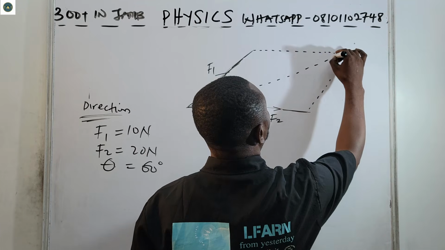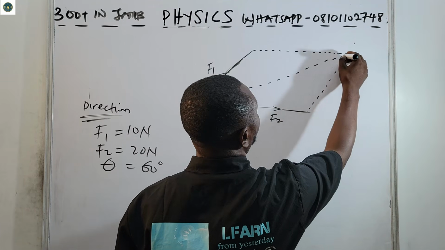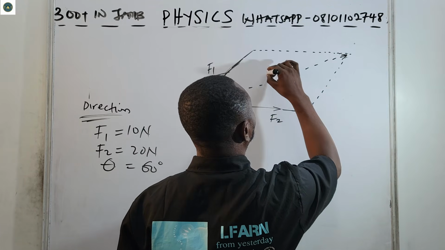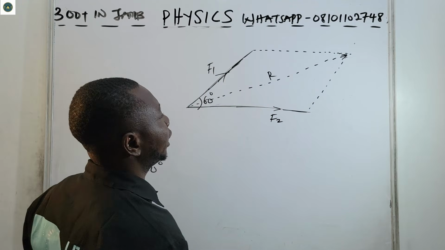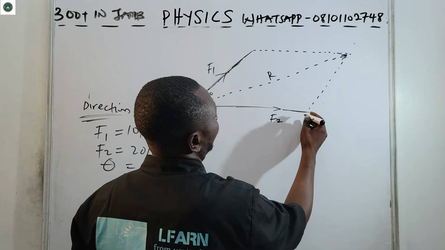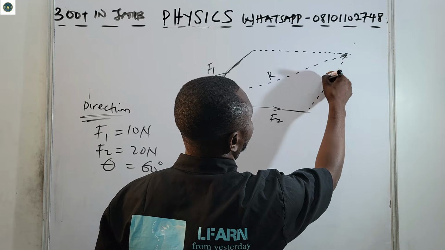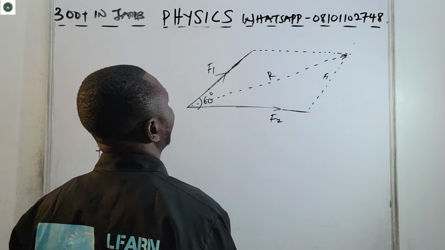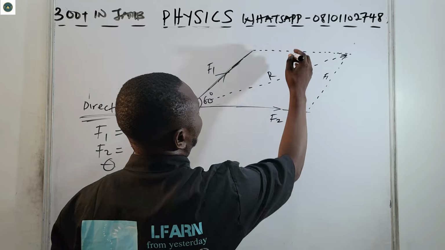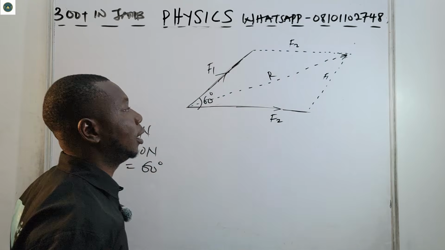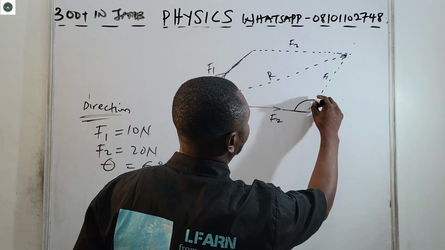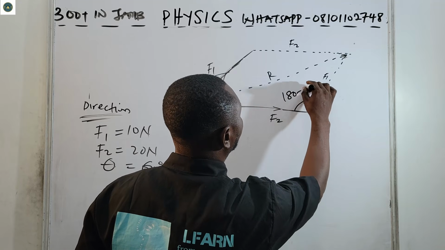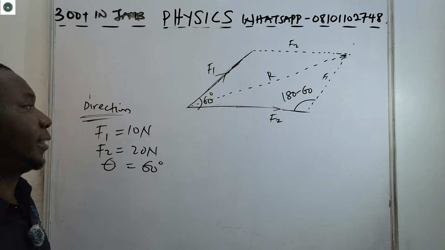The diagonal gives us the resultant of these two forces. Therefore, if this is F1, definitely this is F1. If this is F2, here is equally F2, opposite sides. Now, if here is 60 degrees, this angle will be 180 minus 60.